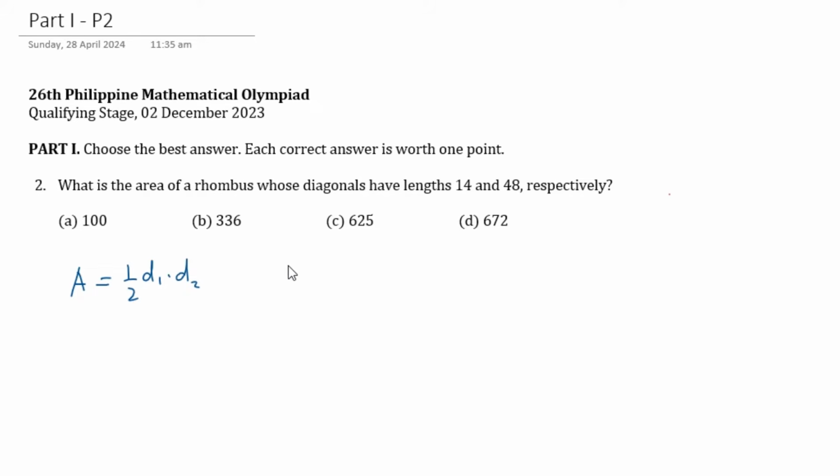Now we can just let d sub 1 be equal to 14 and d sub 2 be equal to 48. So we have 1/2 times 14 times 48. So we have 7 times 48, which is equal to 336. So the answer here is answer choice B.